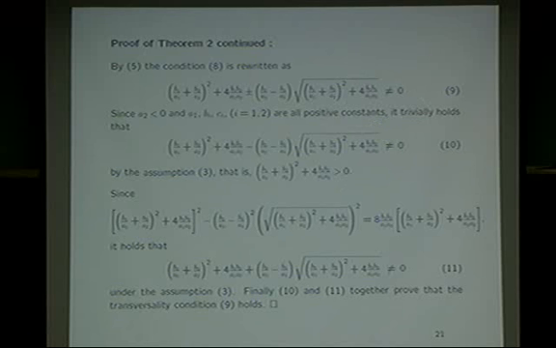The assumption that we had in the statement of the theorem was this one. If we have this condition, the term under the square root is positive, and the two terms in the beginning are also positive.